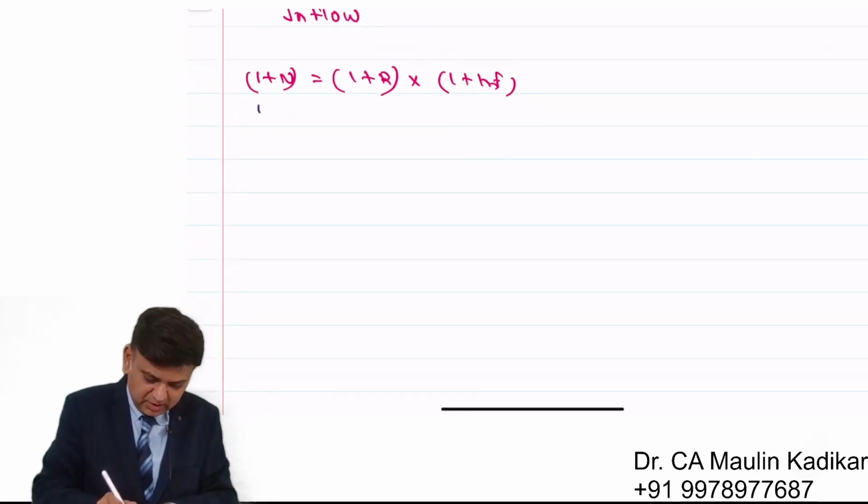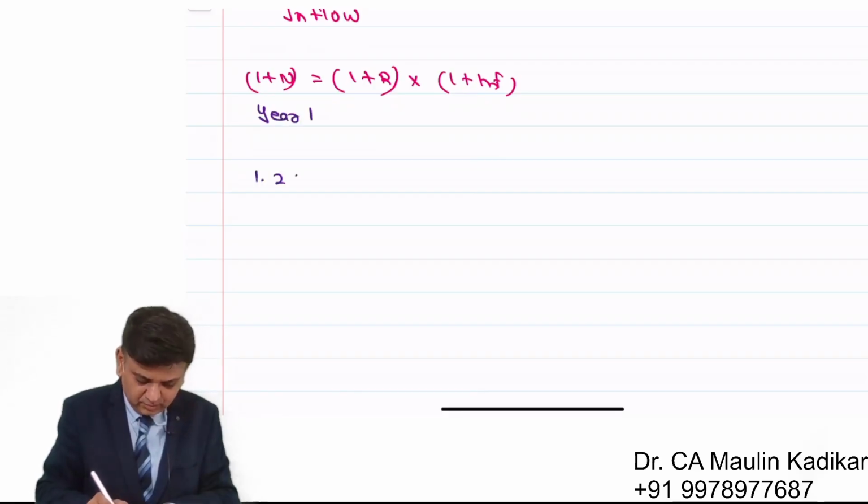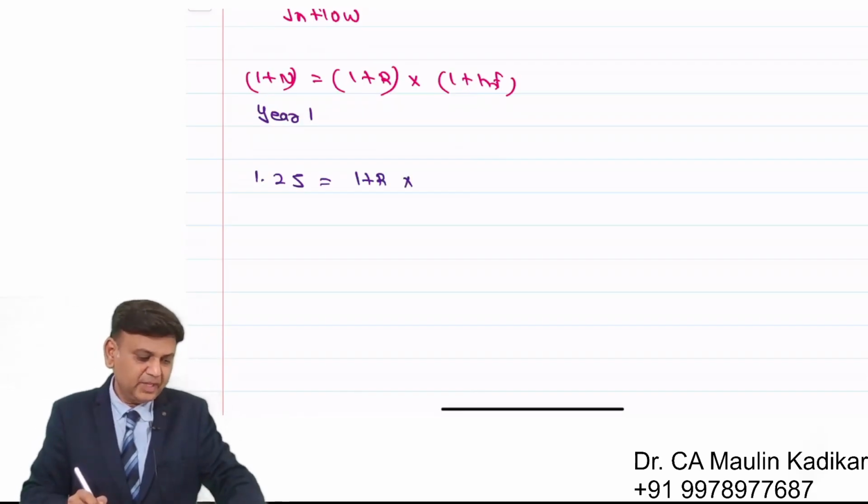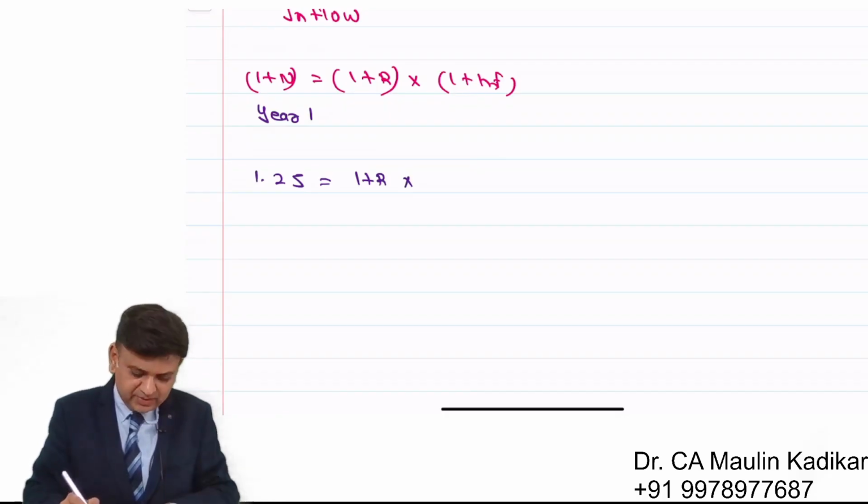As far as year 1 is concerned, 1.25 is equal to 1 plus real into 1.05, as the inflation rate for the first year is 5%.